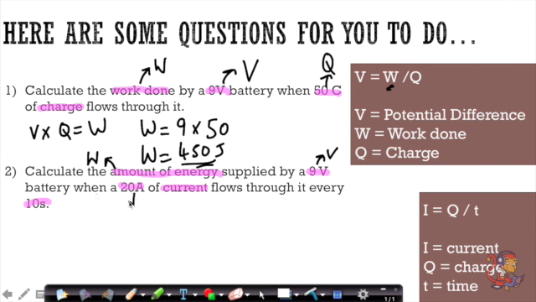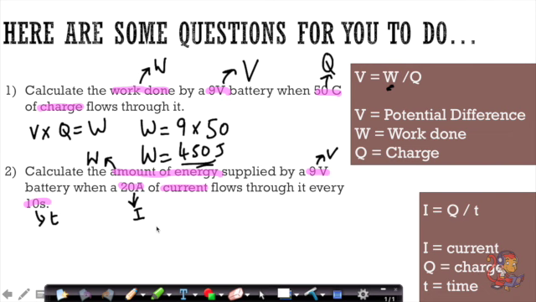We've got a current, which I know is the letter I, and time, which is T. And if you were to look at your data sheet, you wouldn't necessarily have an equation linking work done, current and time, or voltage, work done and current.